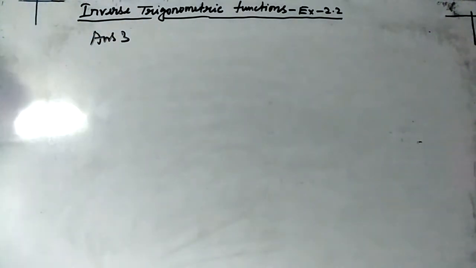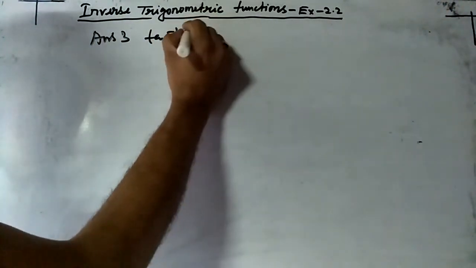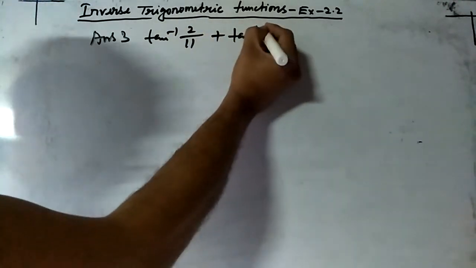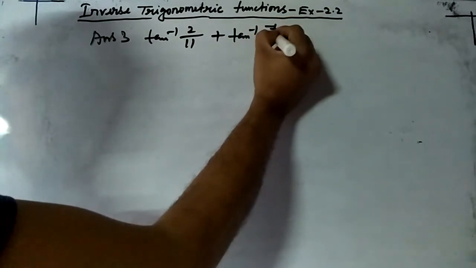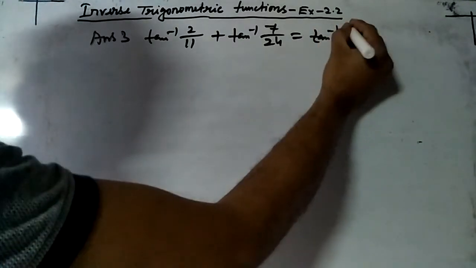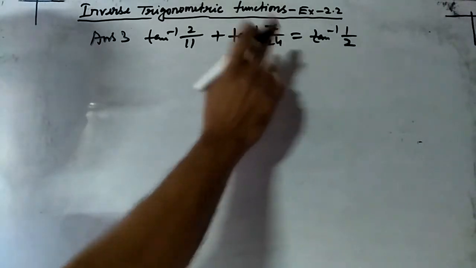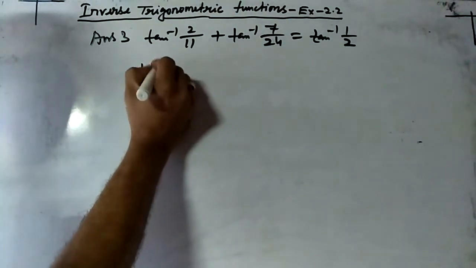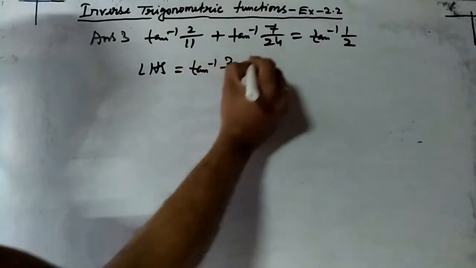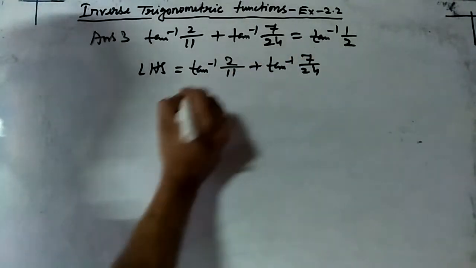Here we have to prove tan inverse 2 by 11 plus tan inverse 7 by 24 equals tan inverse 1 by 2. Here the condition is not given. Already the number is written, that's why the condition is not required. LHS equals tan inverse 2 by 11 plus tan inverse 7 by 24.